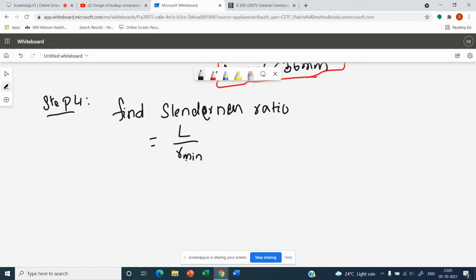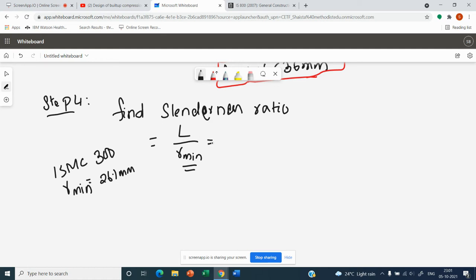So r minimum for the problem which we have solved, ISMC 300 section. If you want, you can refer. It was ry, so 26.1 mm. r minimum for ISMC 300 is 26.1 mm, which we found in the first part of this problem.